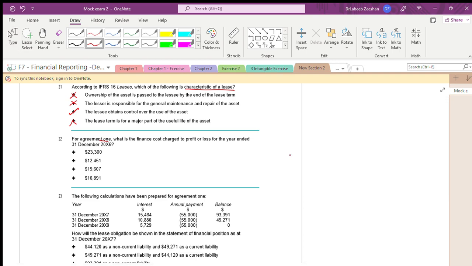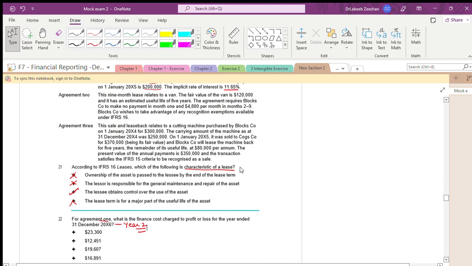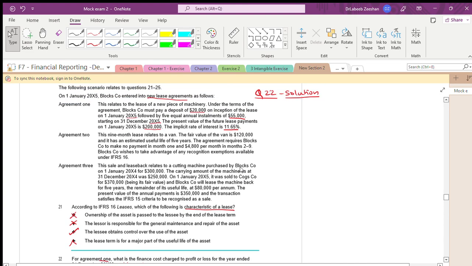They are asking for year 2. Is it right? For which year, what is the finance cost? Just give me a minute, I'm thinking how I can make it simpler.